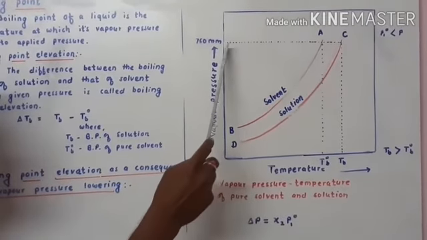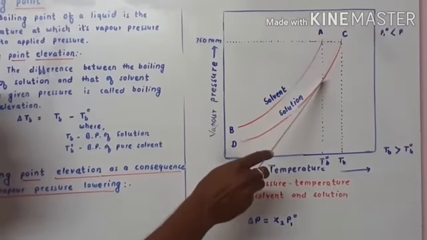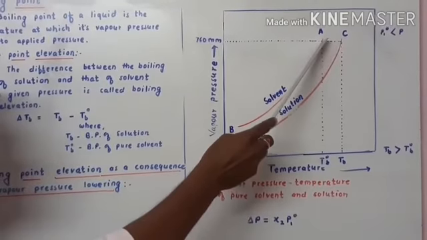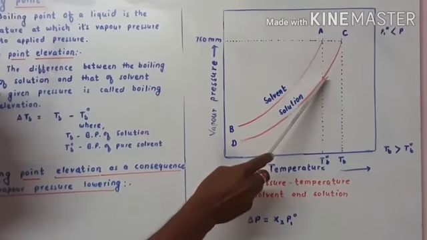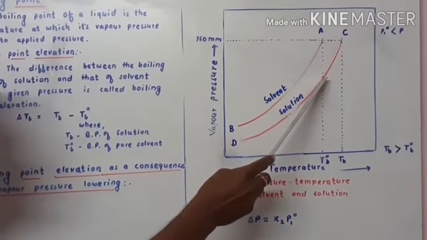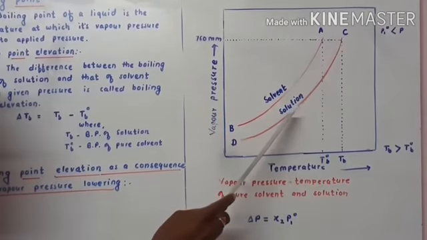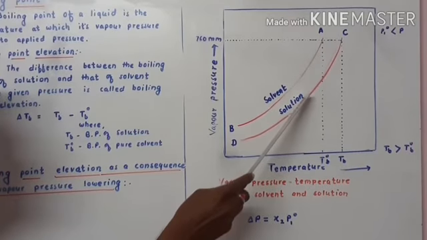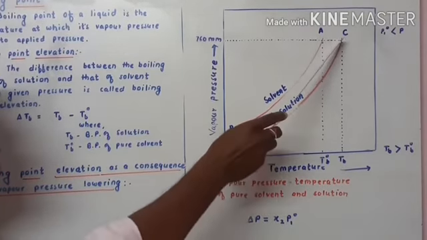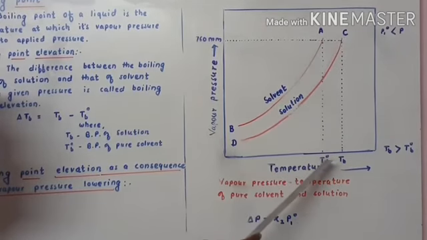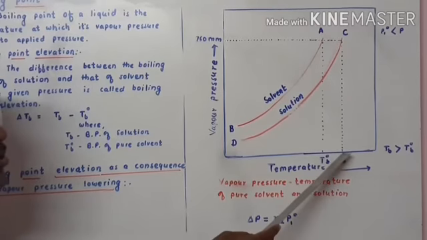So its vapor pressure will decrease from this point to this point. Now to reach point C, that solution must be heated again. So the temperature will increase from T0B to TB.